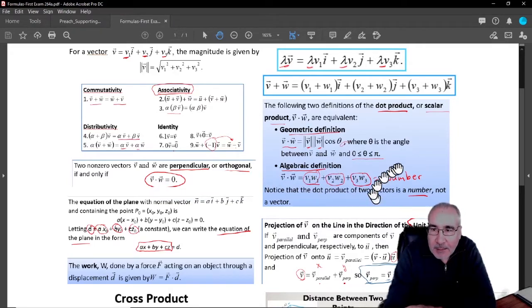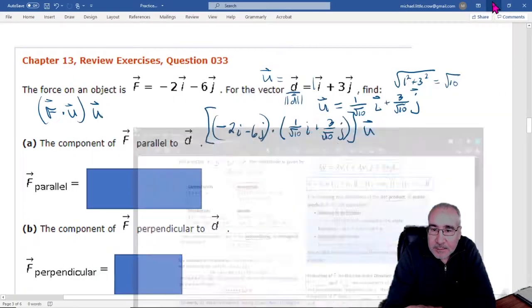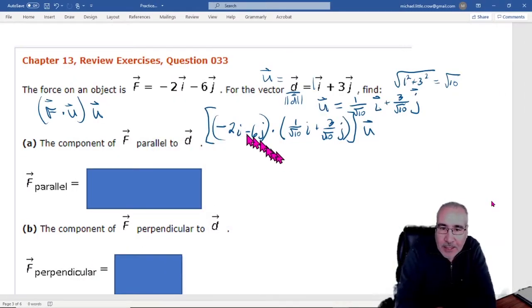Okay, so that's the dot product. The i components are negative 2 times 1 over square root of 10, so that's negative 2 over square root of 10.